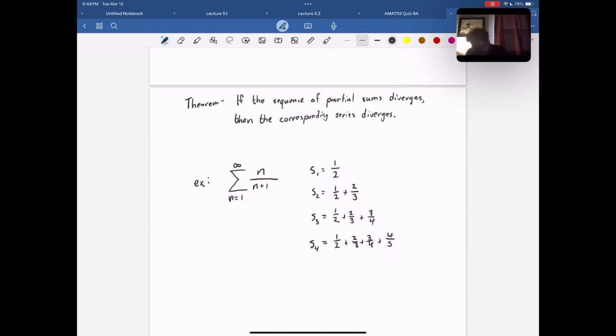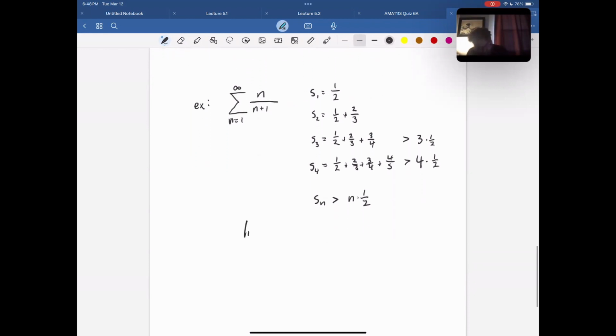And so we know that S4, for instance, is going to be greater than 4 times 1/2. S3 is going to be greater than 3 times 1/2, and so on. And so in general, we can extrapolate, right, that Sn is going to be greater than n over 2, right? Or n times 1/2.